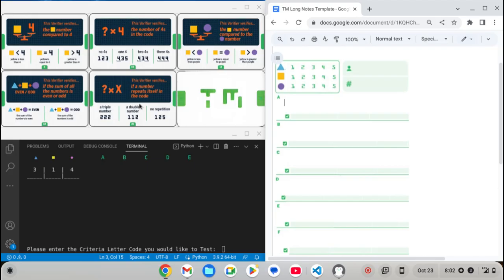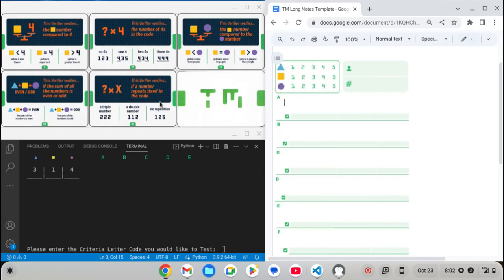Criteria card D will take a look at our 3 digits, triangle, square, and circle, add them together, and the Turing Machine will let us know if that sum total is an even quantity or an odd quantity. And finally, criteria card E again takes a look at our 3-digit solution, but this time it'll let us know a little bit about its structure. Specifically, there are 3 cases.